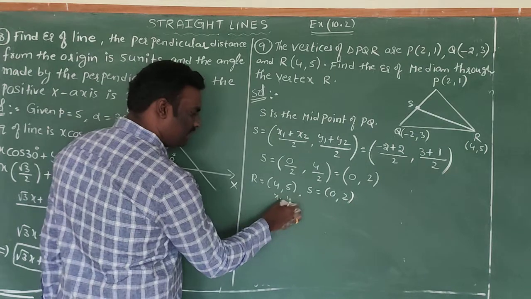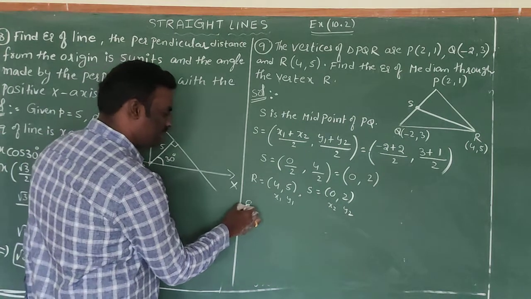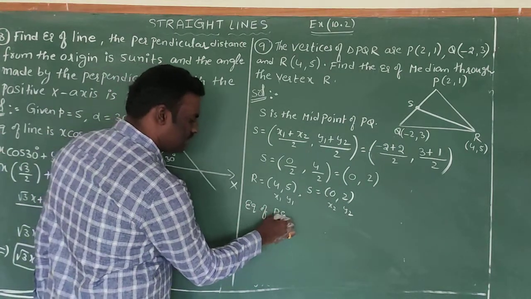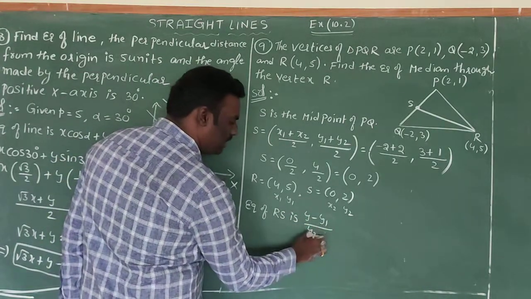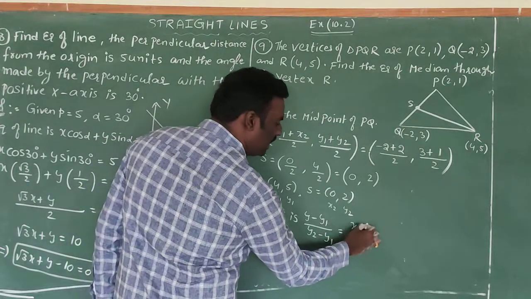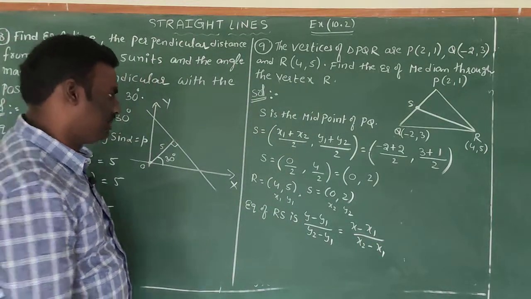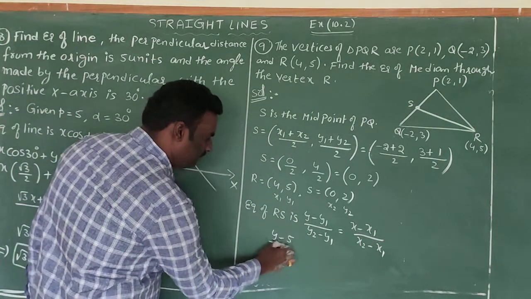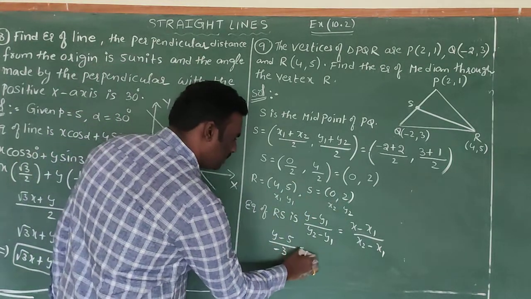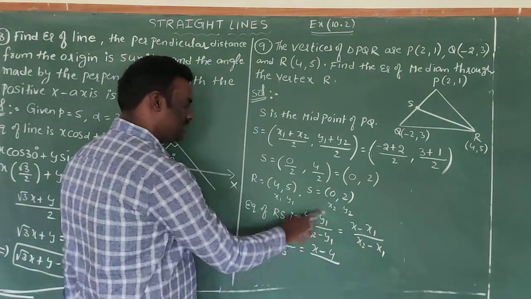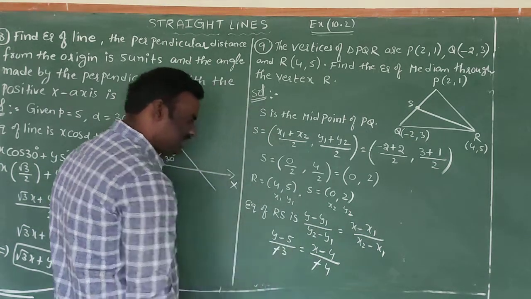This is x1 y1 and this is x2 y2. Now the equation of RS: what is the 2-point formula? (y minus y1) by (y2 minus y1) is equal to (x minus x1) by (x2 minus x1). Substitute: (y minus 5) by (2 minus 5), that is minus 3, equals (x minus 4) by (0 minus 4), that is minus 4. Minus gets cancelled.